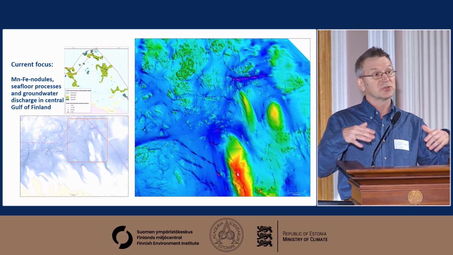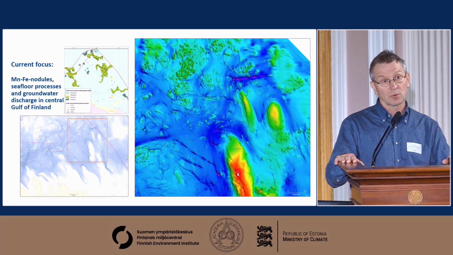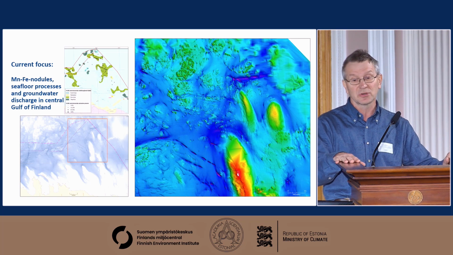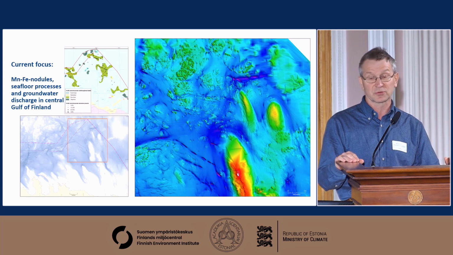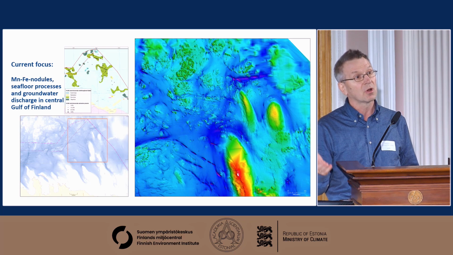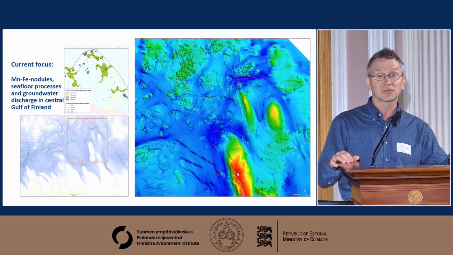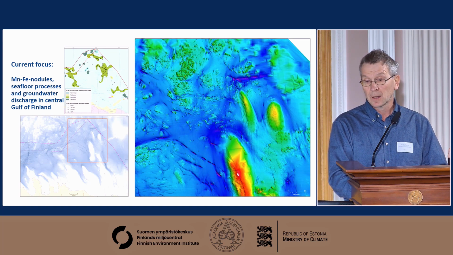So we see that there is a huge amount of concretions, huge amount of these manganese nodules in some areas, but the distribution is patchy, and they occur only in the areas where there is no modern deposition. So the bedrock or the deposits that were deposited during the glacial times are exposed right at the seafloor.